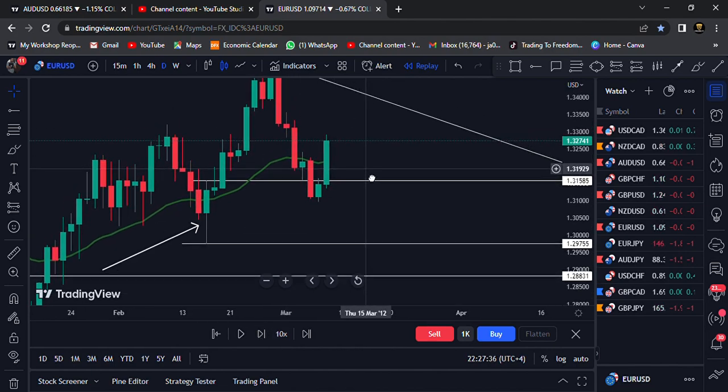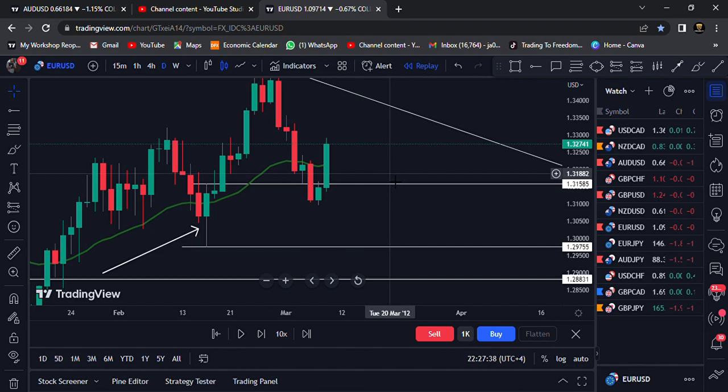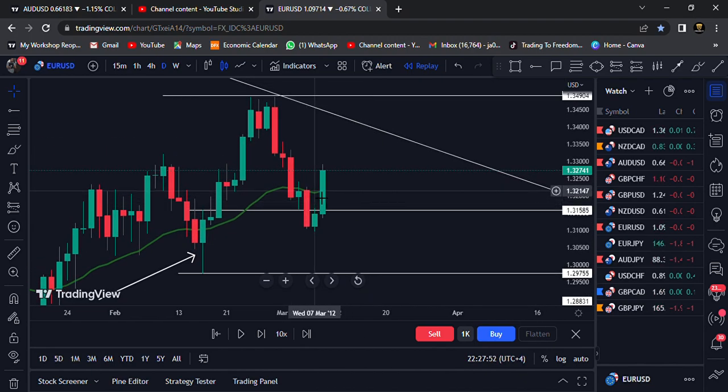This is the reason you don't just sell because the market gave you bearish momentum. It gives us instead a buy, and still we're going to observe if the market is actually buying.